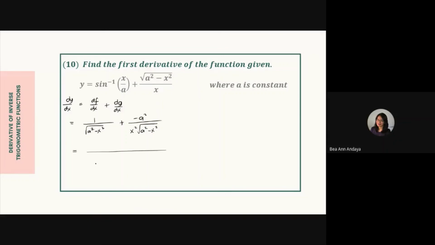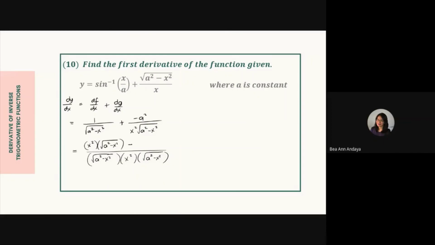So, using common denominator, you have the square root of a squared minus x squared. Also, this is multiplied to x squared times the square root of a squared minus x squared. For numerator, we will be having x squared times the square root of a squared minus x squared.